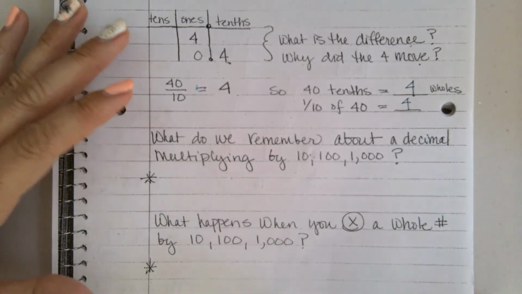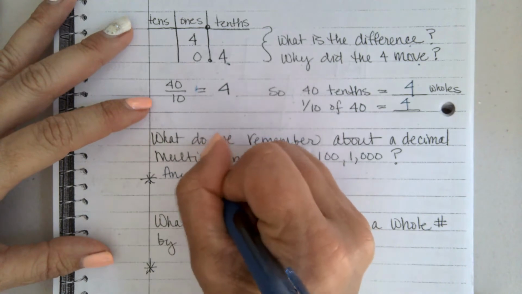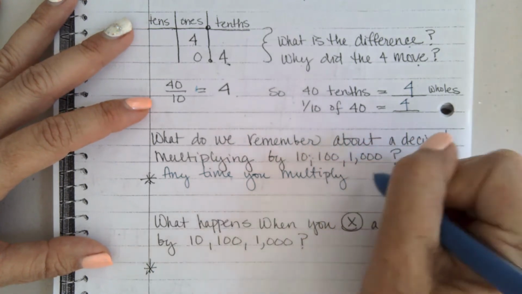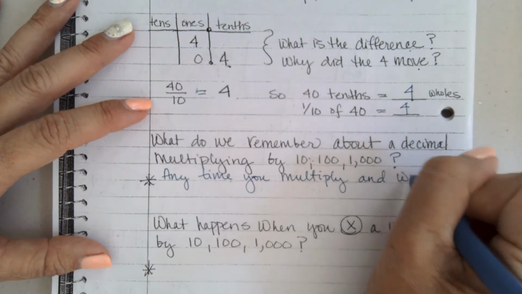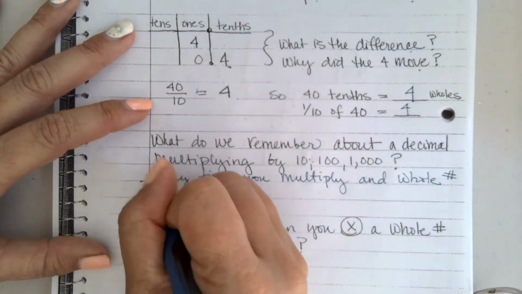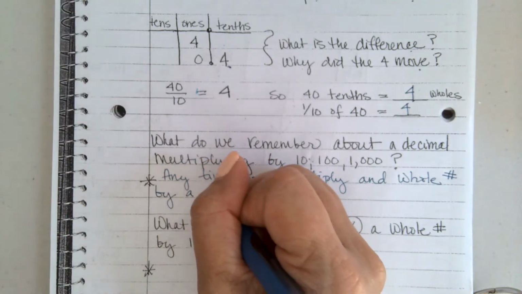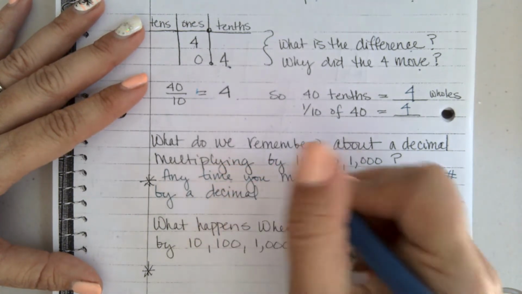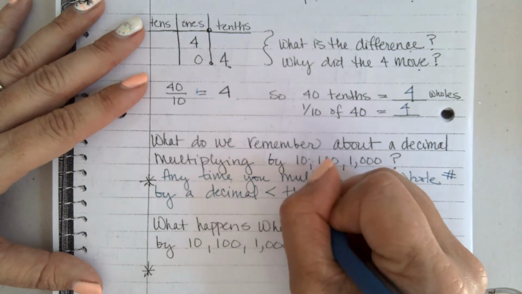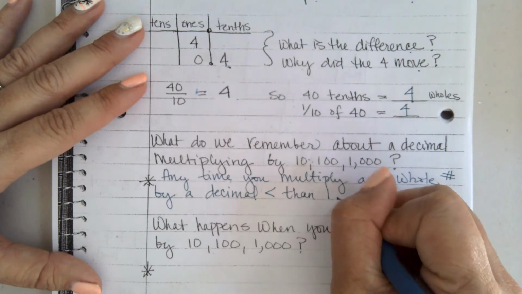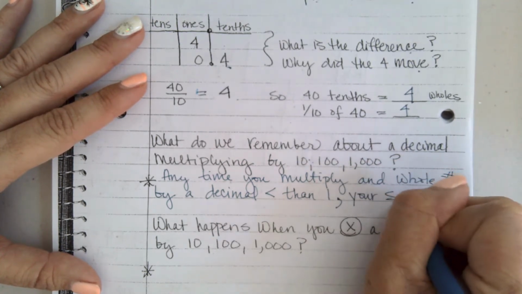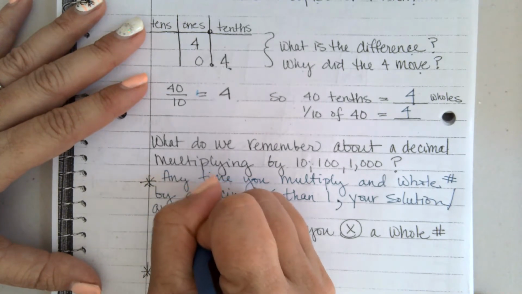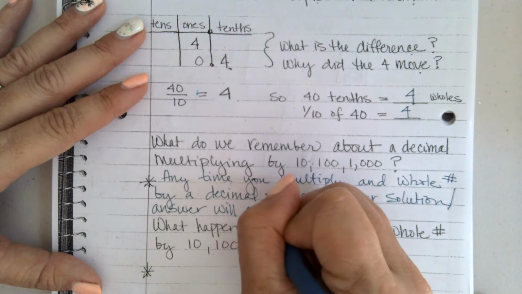Anytime you multiply a whole number by a decimal smaller than 1, your solution or answer will get smaller.